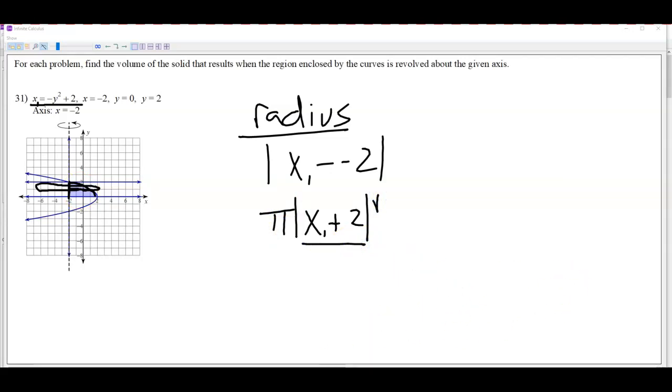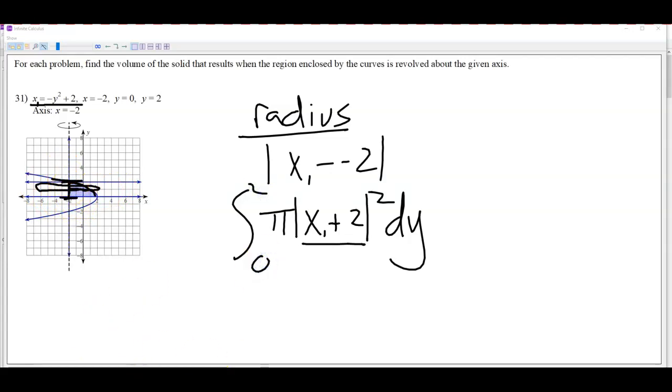Oops, a little square there. And then if we were to just integrate that with respect to y, because we are doing a vertical axis of revolution, that's how you do vertical integration, from bottom to top. So that's going to be from 0 to 2.